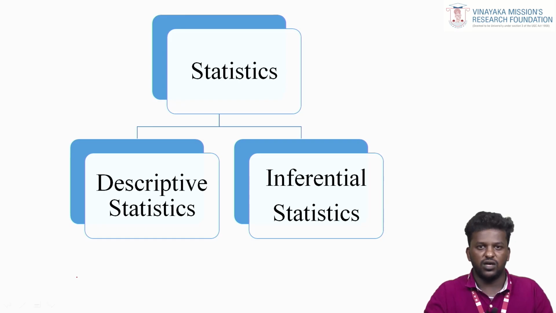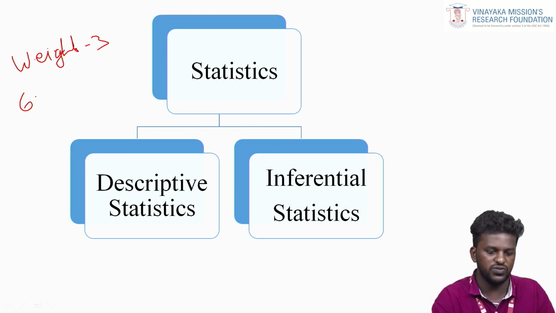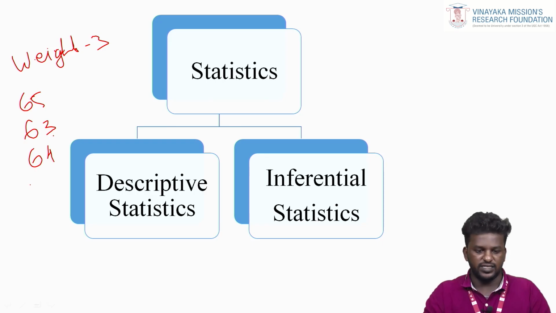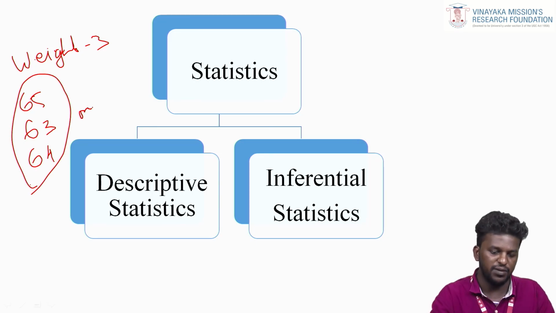Suppose you measure the weight of 3 students, for example 65, 63, 64. This is our data set containing the weight of 3 students. Now descriptive statistics summarizes this entire data set by using, for example, the mean.